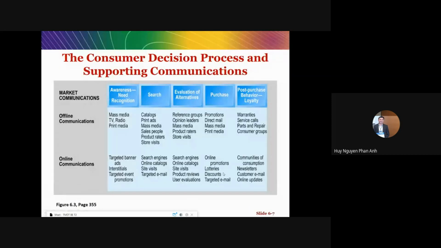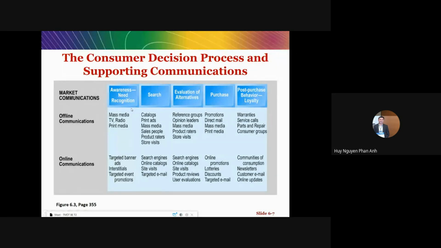We will move to the details based on how market communications correspond to the 5 stages. For these 5 stages, you can see we have several communication channels, from offline or online. Offline is about mass media for awareness.